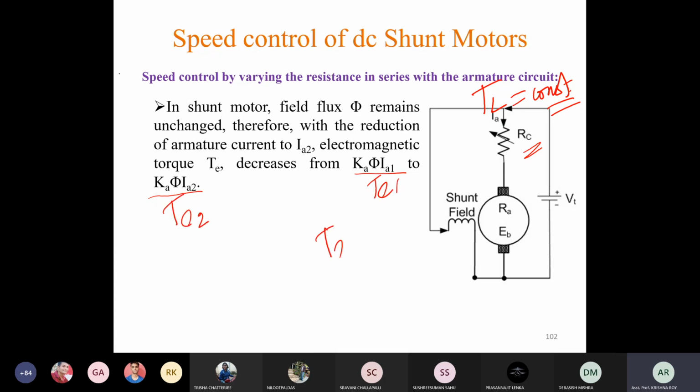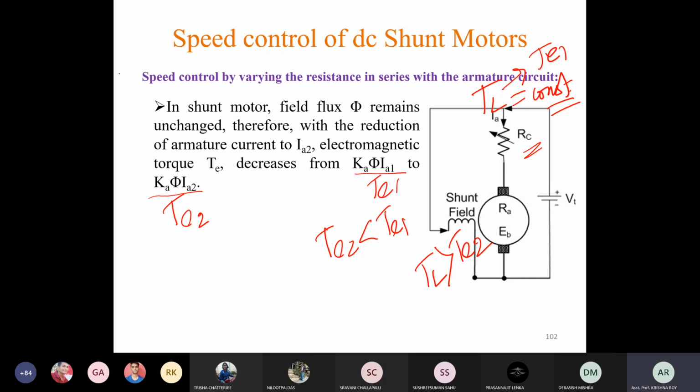So Te2 is less than Te1, right? Initially the motor was running at stable operating speed, which means TL was equal to Te1. Now the developed torque has reduced to Te2, which means TL is greater than Te2, right?